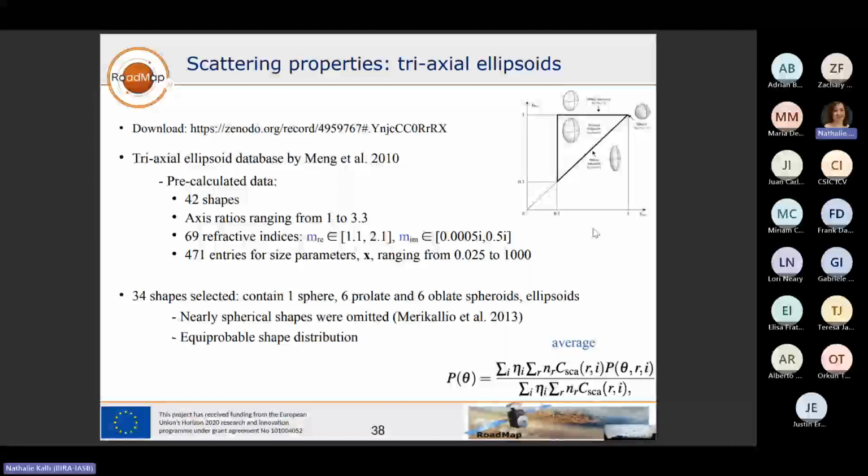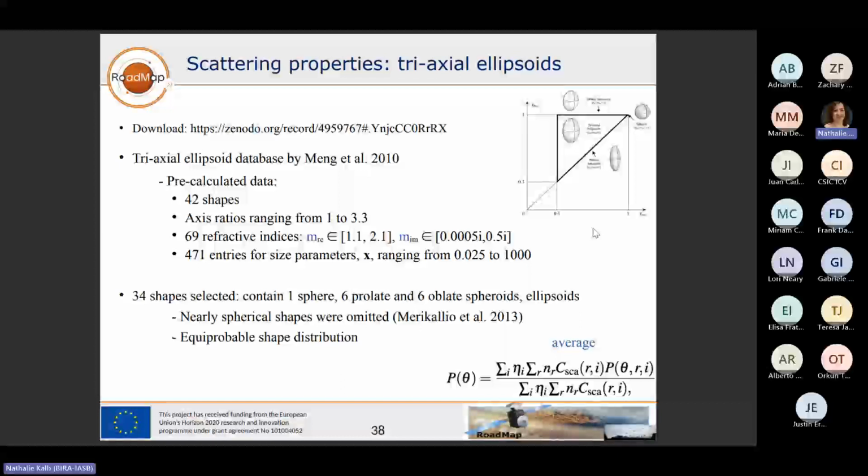In our case, we selected 34 shapes from here because there are lots of spherical and nearly spherical shapes that you can just omit. We selected 34 shapes to test because there's a previous paper by Martikainen et al. where they were using this database to try to reproduce the scattering pattern of palagonite.